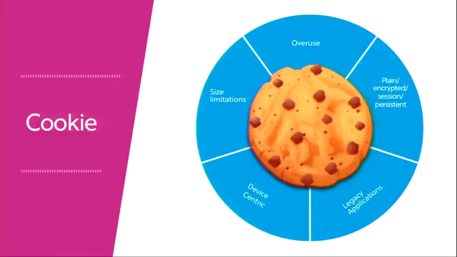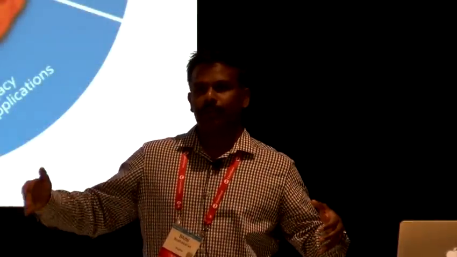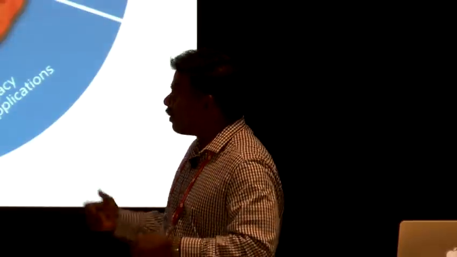PayPal, over the period of the last 15 years, has abused that space. We created a lot of cookies. And now we are in the problem of overuse of cookies. Some of our business use cases started failing because of the payload. The browser would trim after a certain limit. Now we wanted to address that.